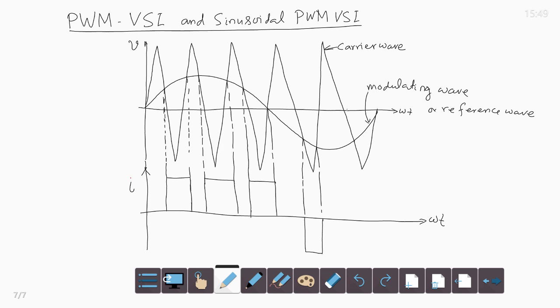So by comparing the carrier wave and the reference wave, the switching instants for the switches are obtained.